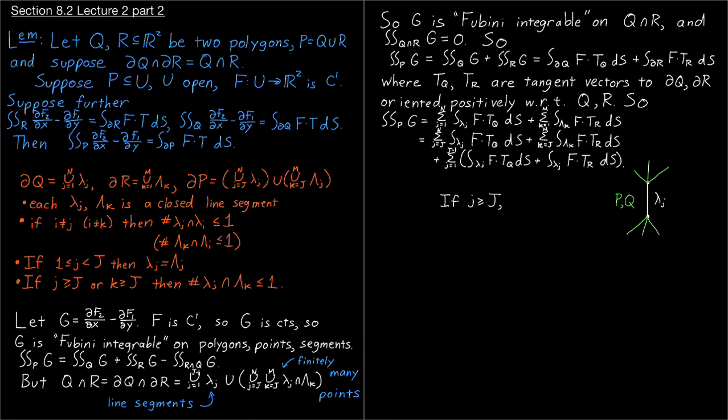So that means that the inward pointing normal vector to P is the same as the inward pointing normal vector to Q because they're on the same side of the line. So the tangent vector, which is the normal vector rotated clockwise, must be the same for P and Q.